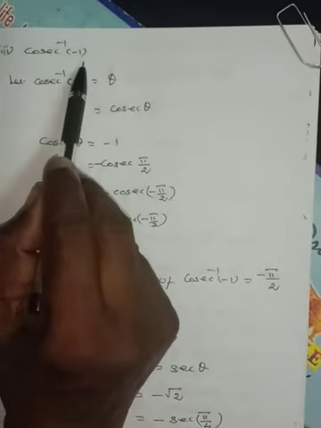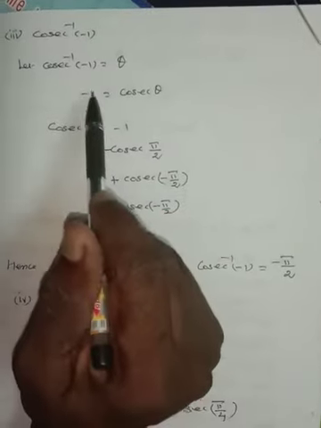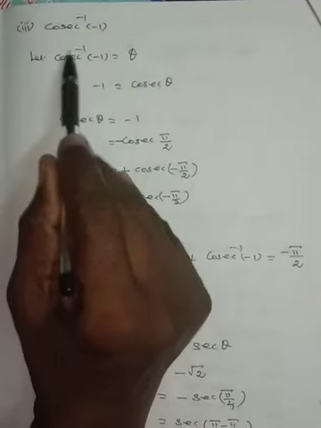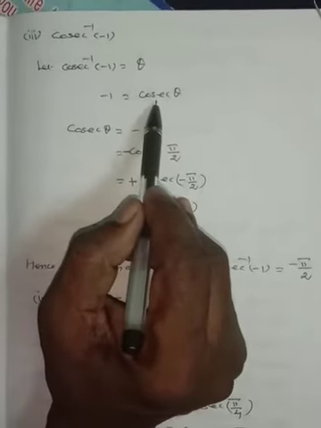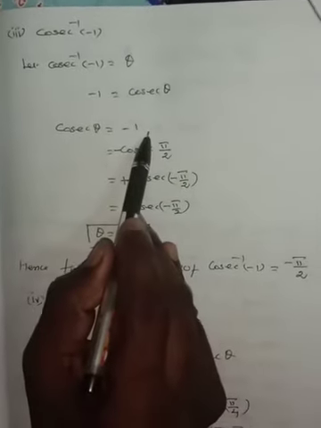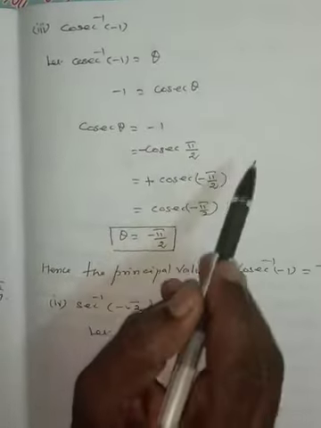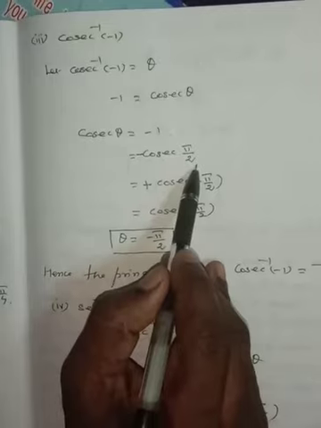Cosecant inverse of minus 1. Let cosecant inverse of minus 1 be equal to theta. Taking cosecant inverse to the right hand side, we have cosecant theta is equal to minus 1. In terms of the cosecant column, that is the 1 by sine column, this is minus cosecant pi by 2.